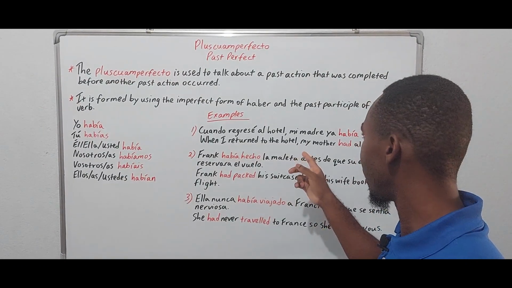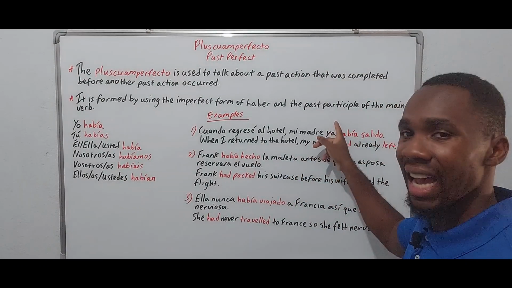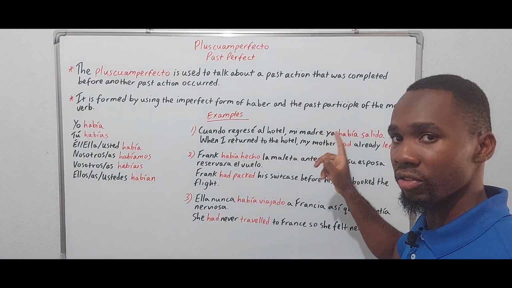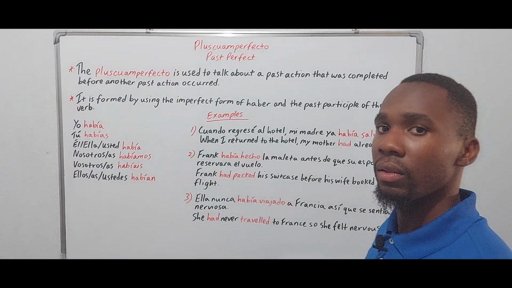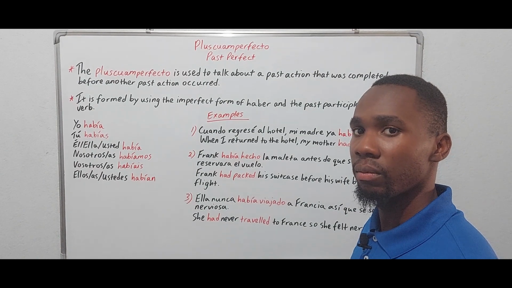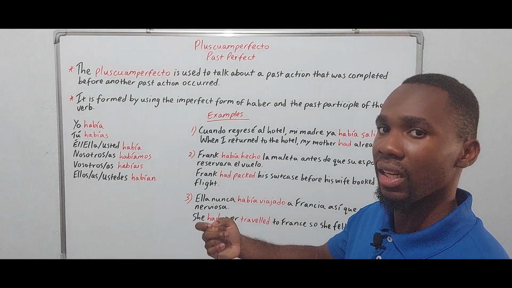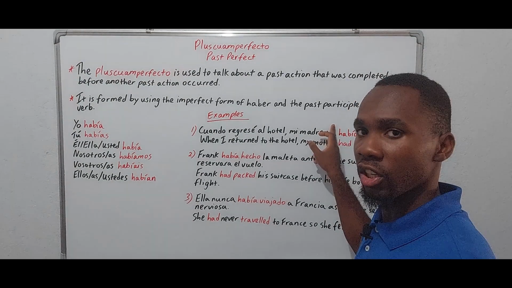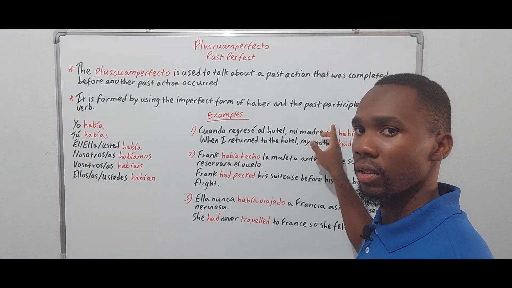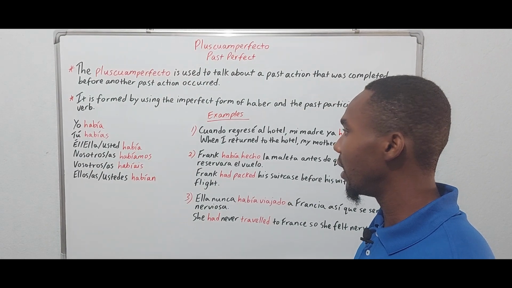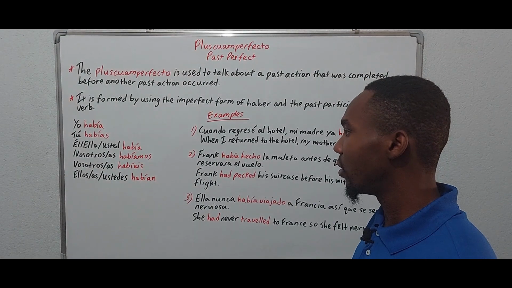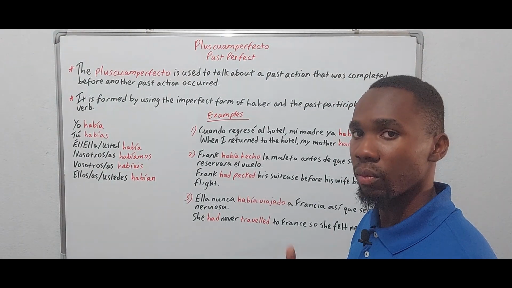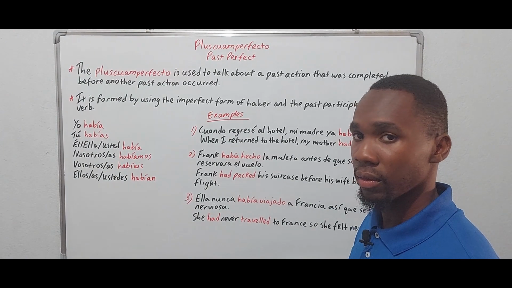In the previous example, when we had ya, that adverb already, we know that we need the past perfect because that indicates that this action occurred first, right? So anytime we have any indication that an action took place before another action, we need to use the past perfect, right?